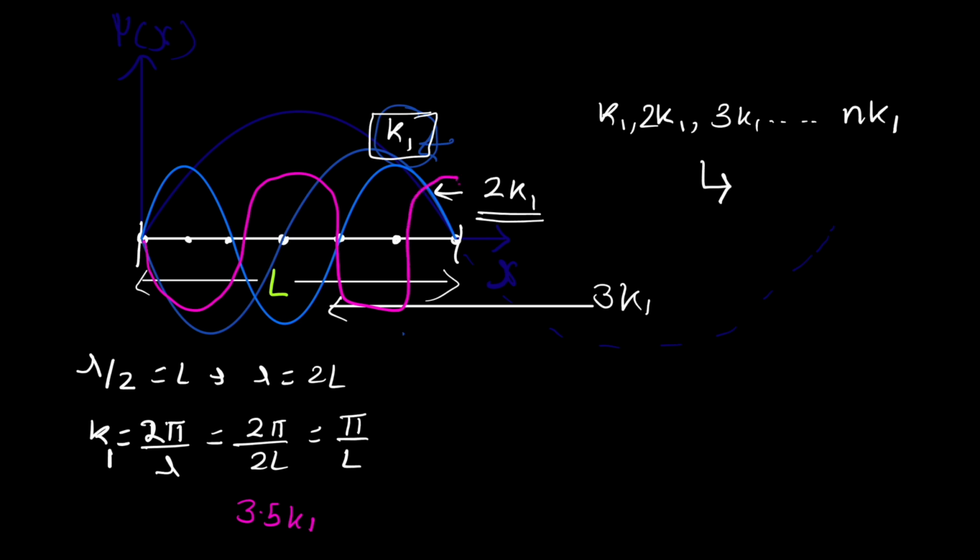Now we can see that at one of the edges it has a non-zero value. So this cannot be a possible wave vector of an electron. If we look at any other frequency, then we will always see that at one of the edges there is some non-zero value of the wave function, which makes it not an electron wave.